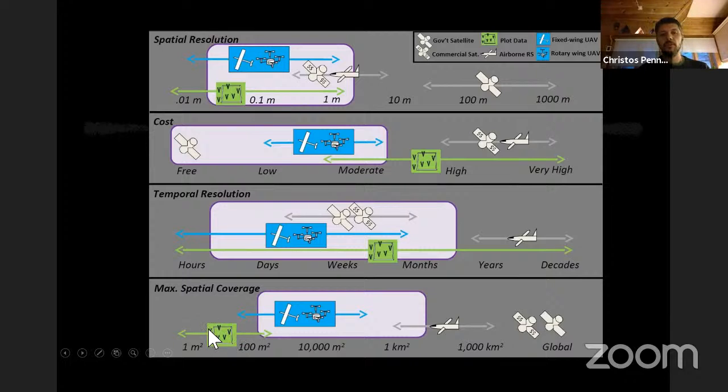And finally, the maximum spatial coverage. For close-range photogrammetry, we can achieve a coverage between 1 square meter to hundreds of square meters, maybe more, as I said before, if we have people that are willing to spend their time in the field.